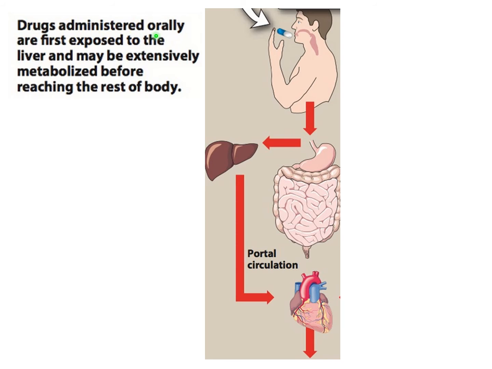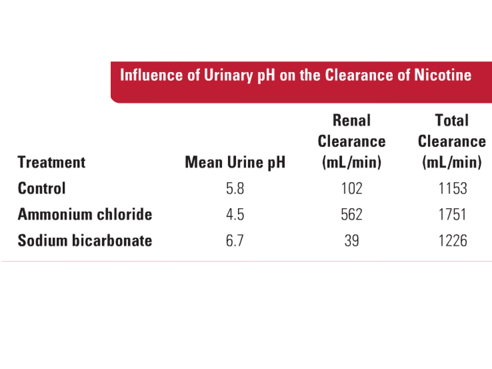So drugs administered orally are first exposed to liver, and this is how they are extensively metabolized. So coming here to liver, and from here it's coming in bloodstream, not directly from intestines.